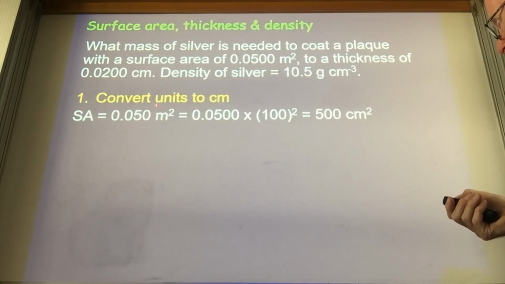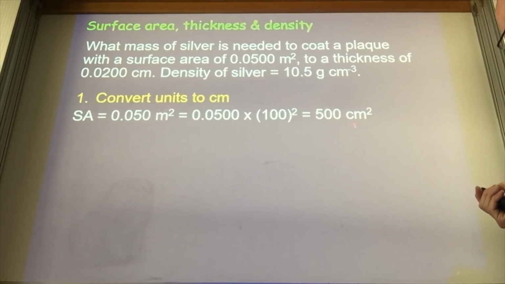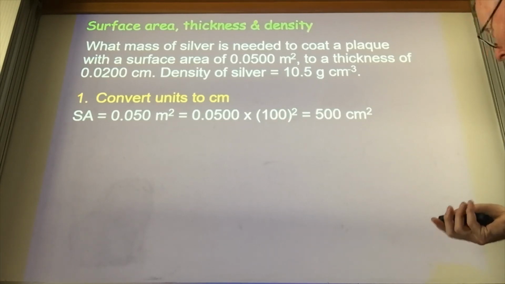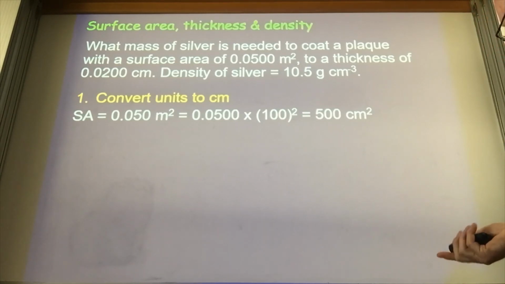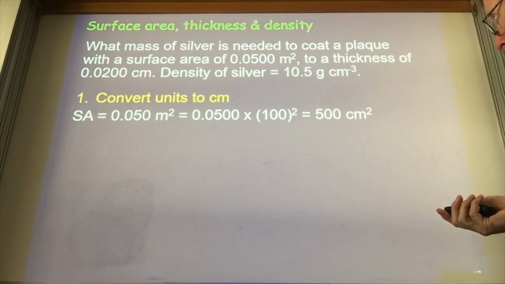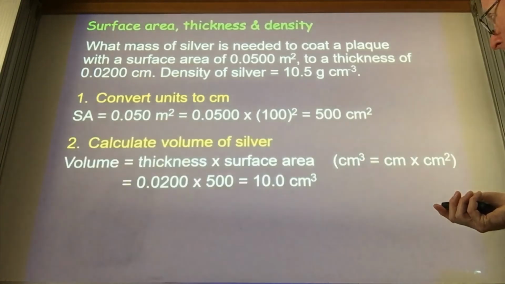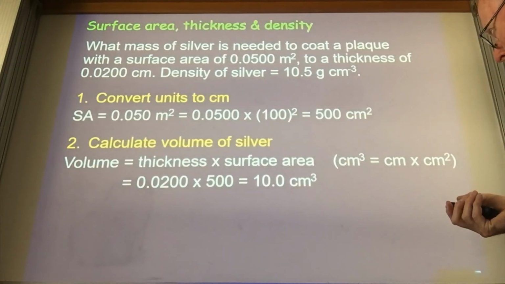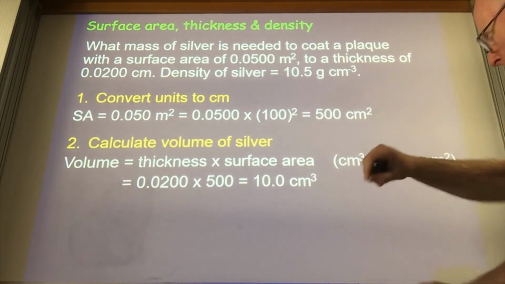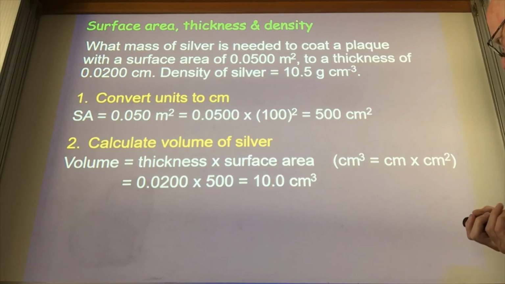So if we're going from metres squared to centimetres squared, we'll have to times it by 100 squared. So that gives us 500 centimetres squared. Then volume is surface area times thickness. So you've got the three dimensions multiplied together, gets you volume. So we do that, we get the volume of silver required, 10 centimetres cubed.